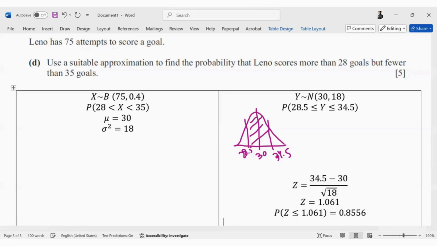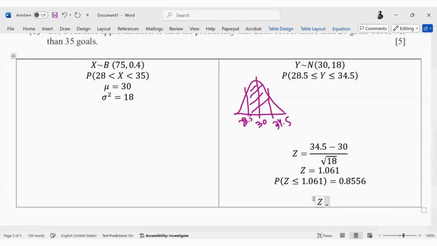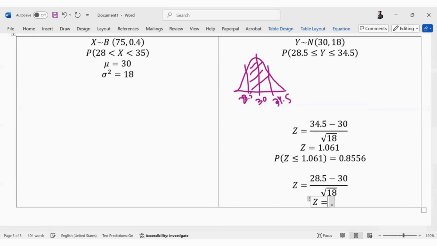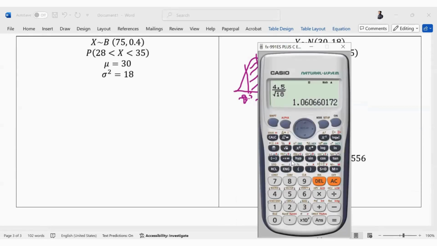Now I need to find the Z value for 28.5. So 28.5 minus 30 upon square root of 18. So the Z value is minus 1.5 upon square root of 18, which is minus 0.354.